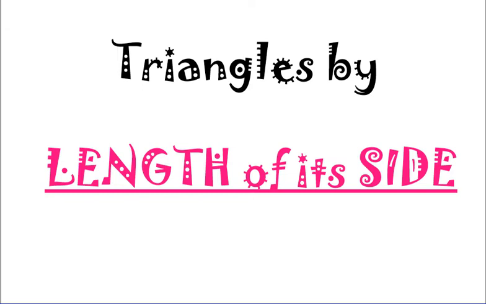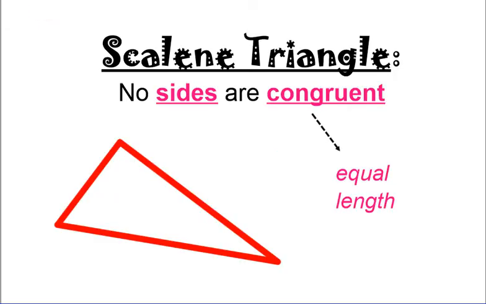Now we're going to look at them by the length of their sides. So the first type of triangle that we have by sides is called scalene. And I know it looks like a weird word, so just say it a couple times. Scalene, scalene, scalene. So scalene means that absolutely none of the sides are congruent.